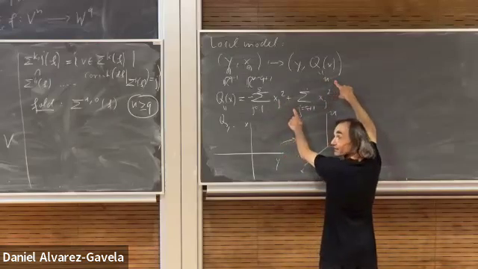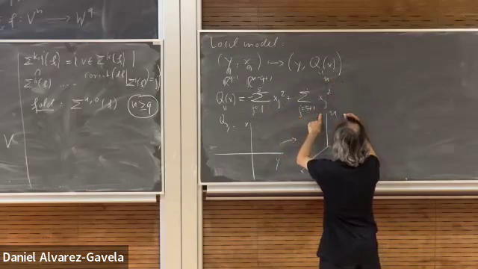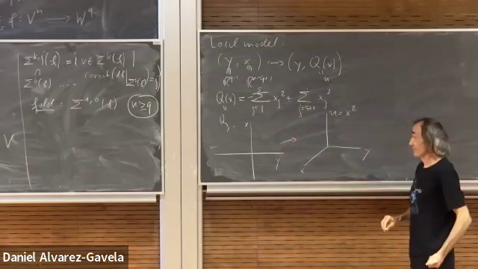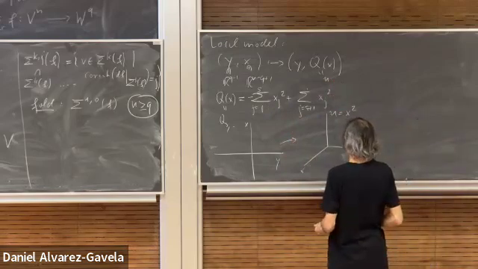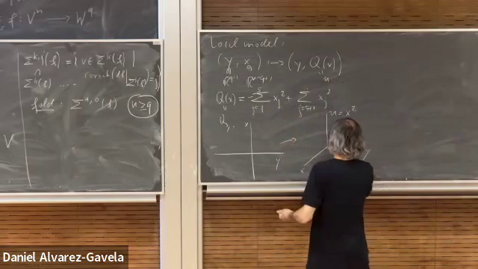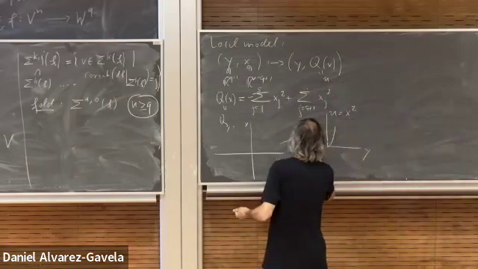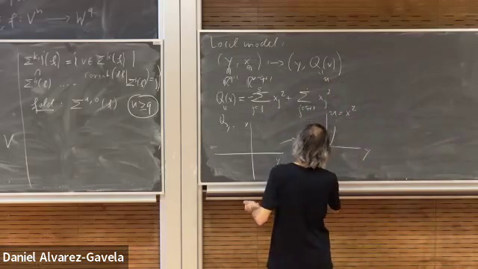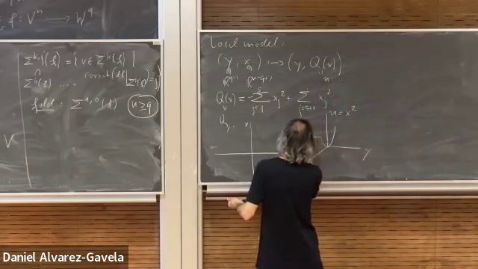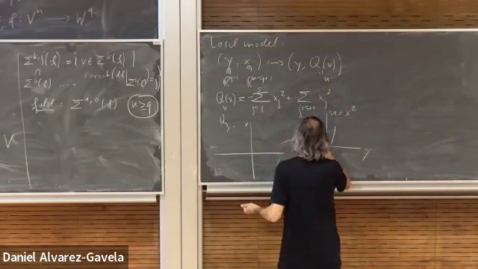This is now some quadratic form. Let's say I take x squared. It's this kind of function, and in the y direction it goes like this.